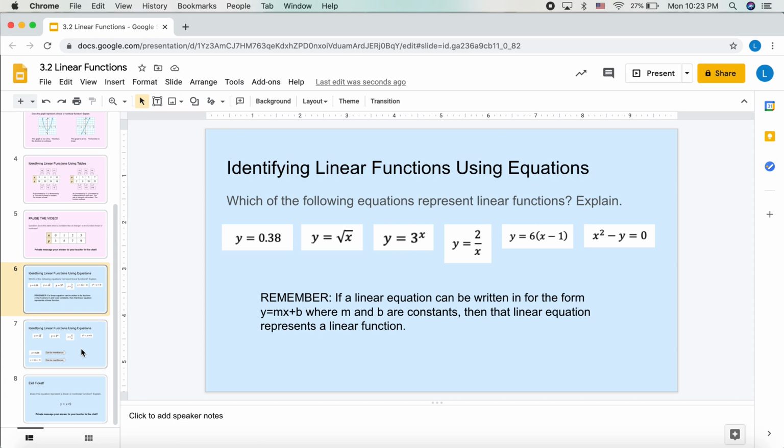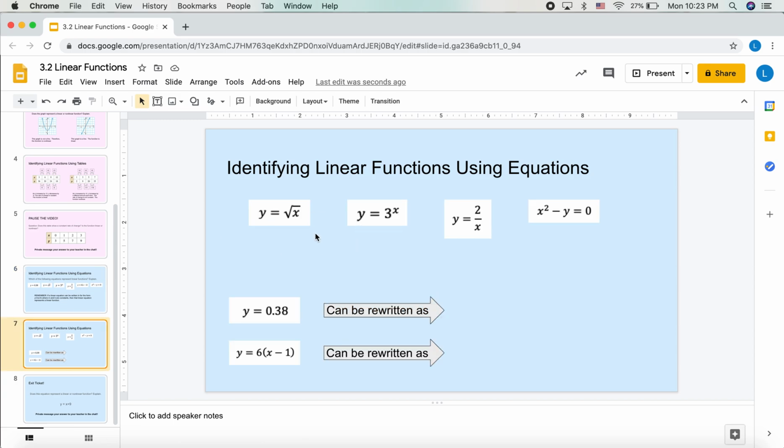All right, so going to the next slide, we have these 4 equations up here: y equals square root of x, y equals 3 to the x power, y equals 2 divided by x, and x squared minus y equals 0. Notice these 4 equations up top are simple and written in a way that doesn't allow us to rewrite them in the form that we want.